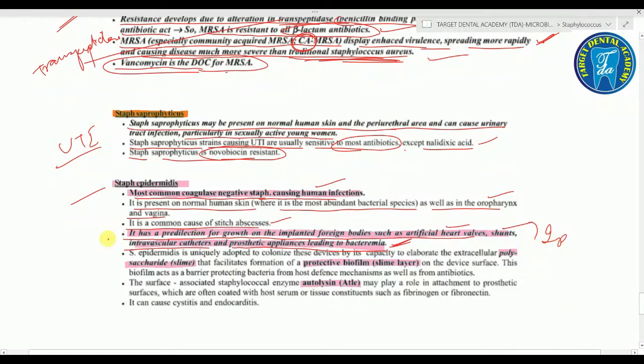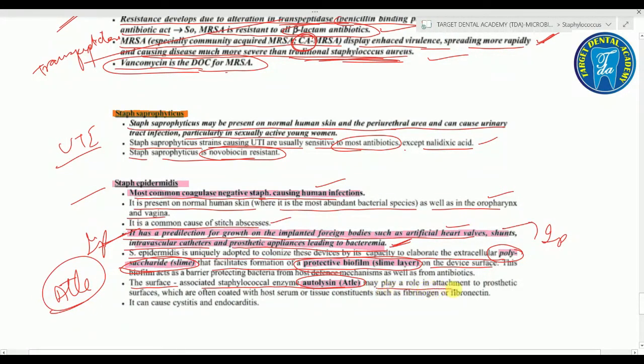Important. Staphylococcus epidermidis is uniquely adapted to colonize these devices by the capacity to elaborate extracellular polysaccharide slime that facilitates the formation of a protective biofilm, the slime layer, on the device surface. The surface associated staphylococcal enzyme is autolysin.